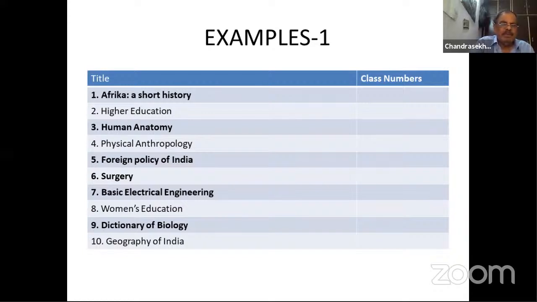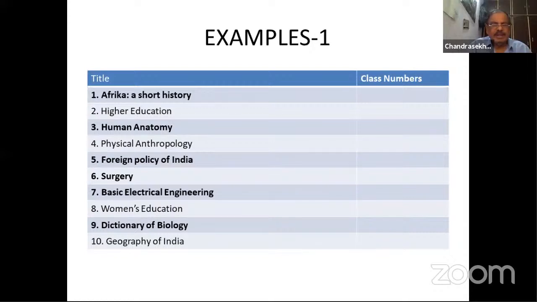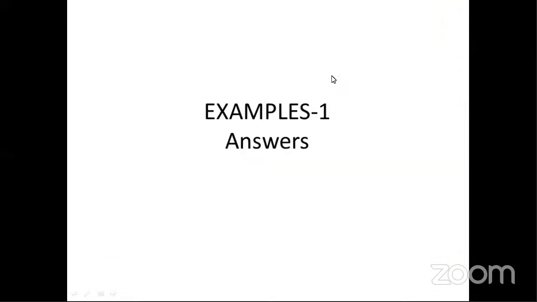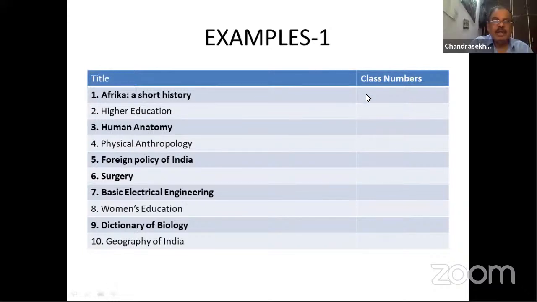There are 1,000 sections in the third summary. First you take the first summary, then find the number for history. 900 is history and geography.